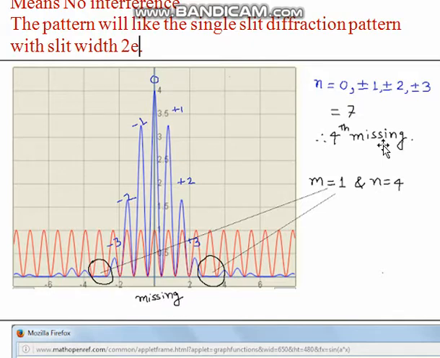You may also see that there are a total of 7 maxima within the central diffraction maxima. You can count: 1, 2, 3, 4, 5, 6 and 7. So there are 7 interference maxima within the diffraction maxima, and the fourth order is missed. Similarly, the fourth order is the missing order.